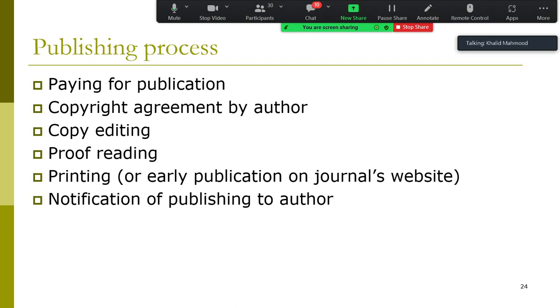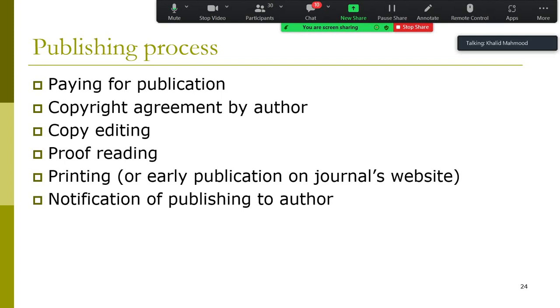Printing here does not mean only paper printing. Normally they will put your article on the journal's website, and in most cases it is early publication, without assigning page numbers, volume number or issue number to your article.